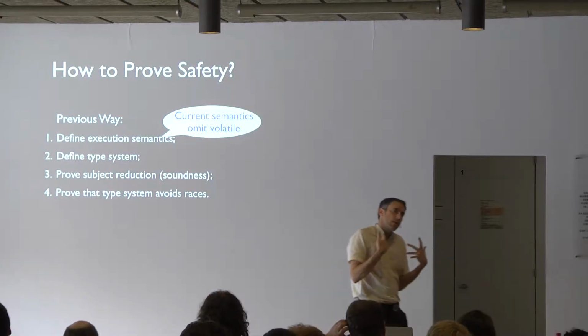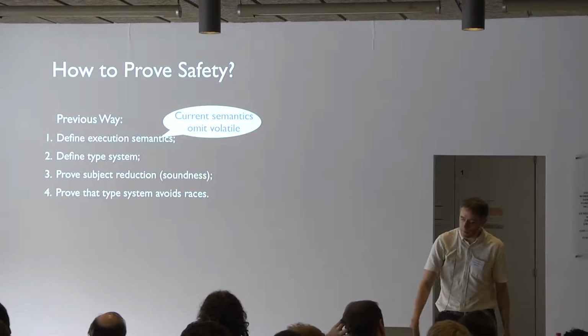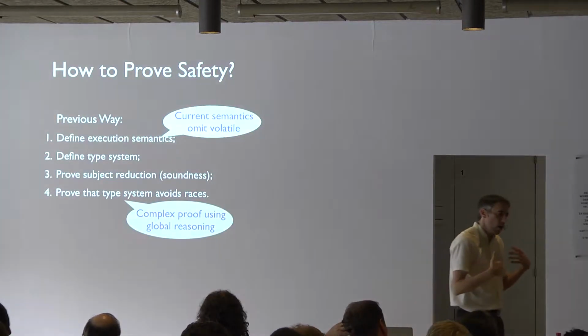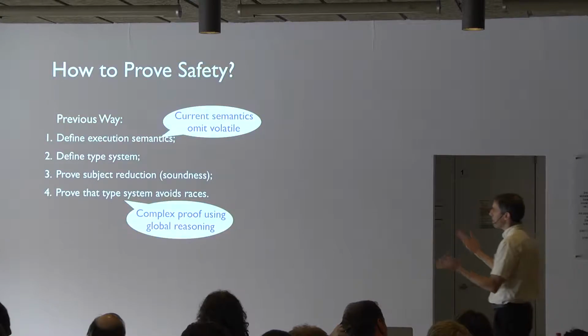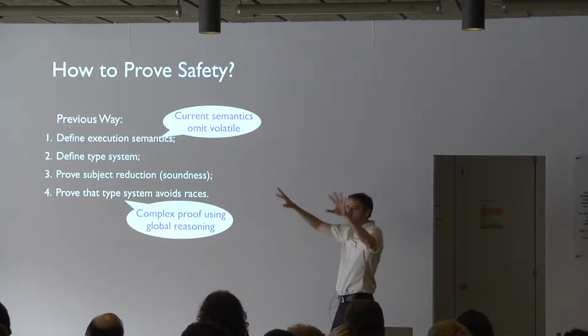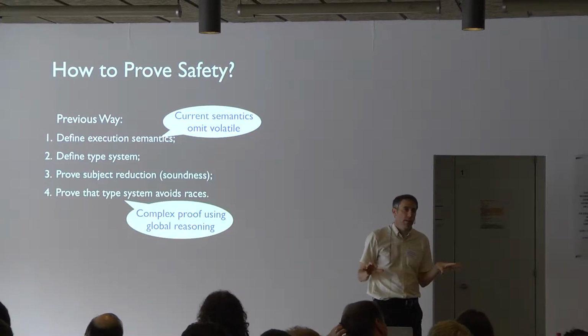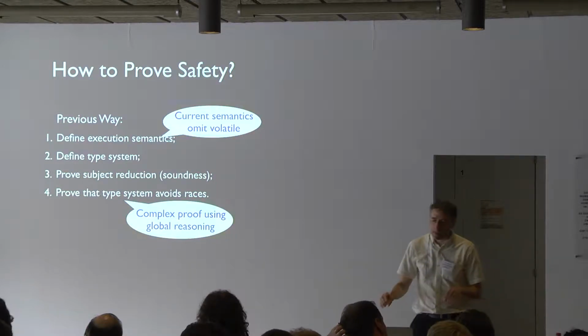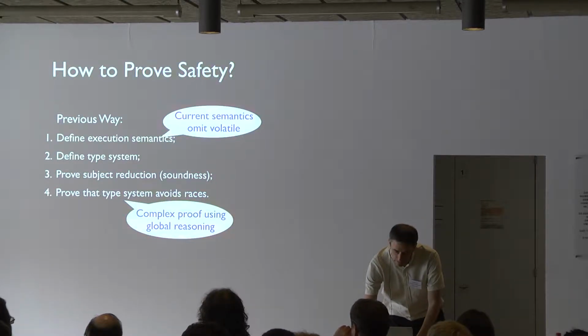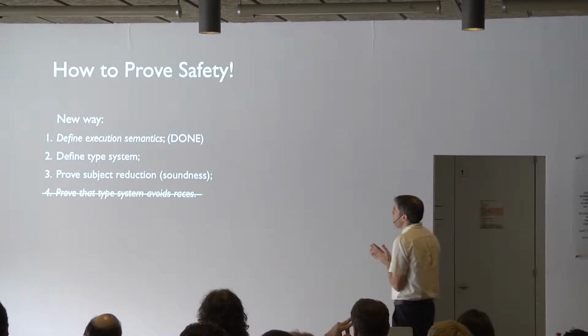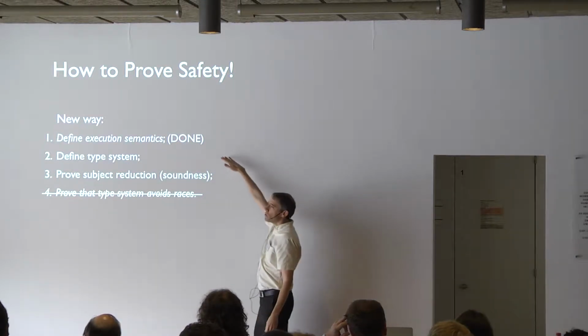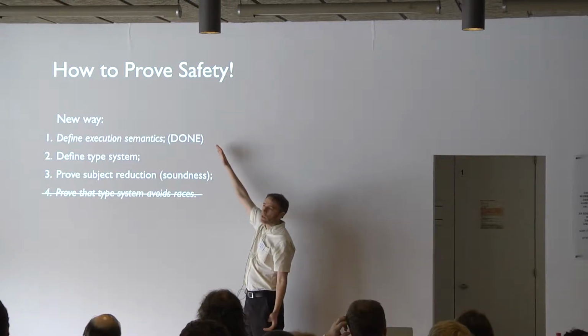And then you need to do an extra proof here that is going to show that the type system prevents races. And this would need to be a separate proof because it needs to involve looking at interactions between lots of different threads. And so with this proof reuse method, if you use our execution semantics, then that's already done.